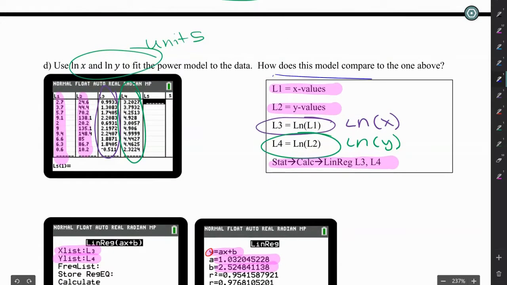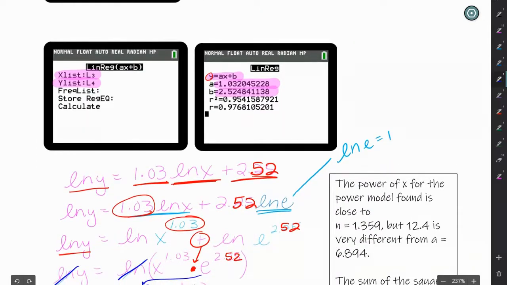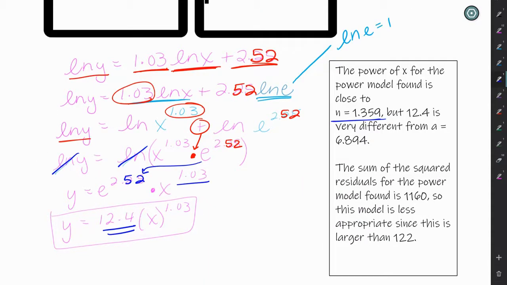How does this model compare to the one above? So that's the next part of the question. Now we're looking to compare the model they gave us with this model that we just found. The model they gave us was y equals 6.894 times x to the 1.359.